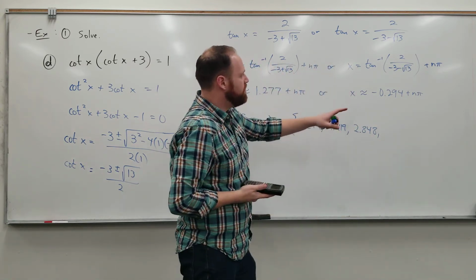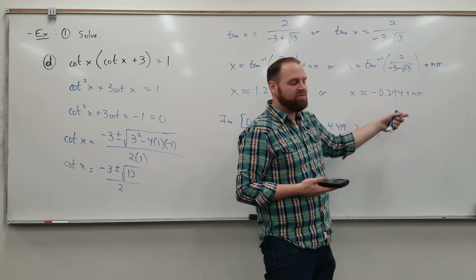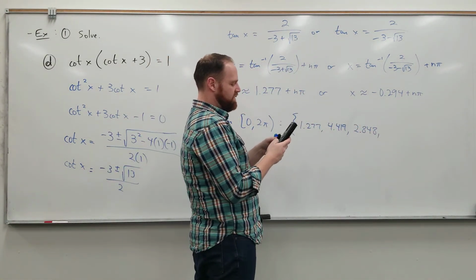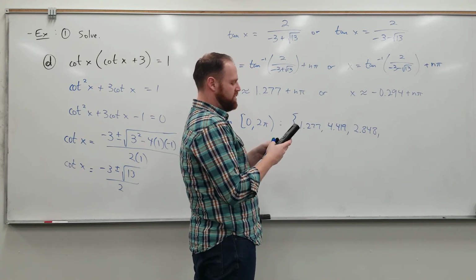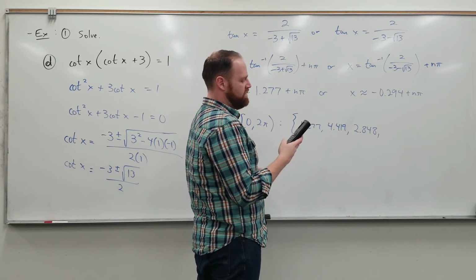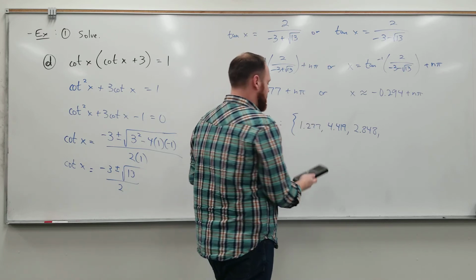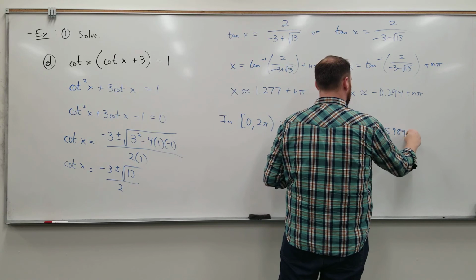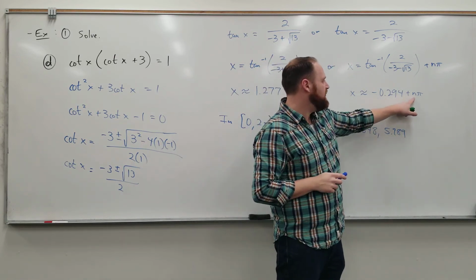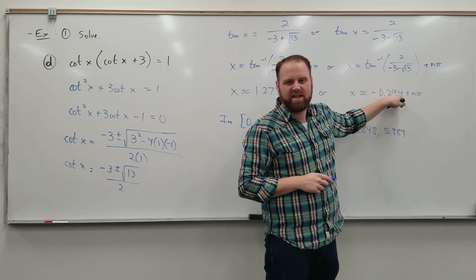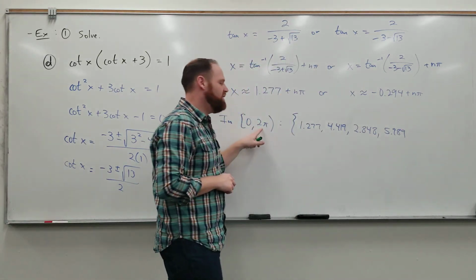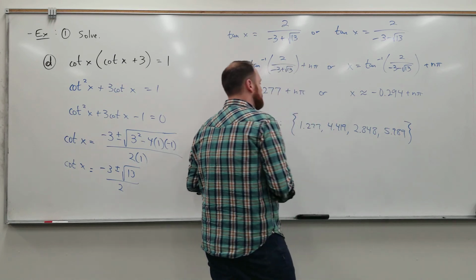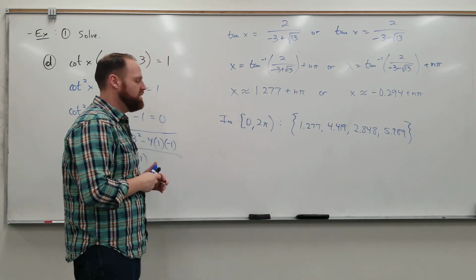If I plug in 2 for n, I'm going to have 2 pi minus a little bit, so it's still going to put me within this interval, right? So I'm going to have 2 pi minus 0.294. That's about 5.989. And then if I plug in 3, I'm going to have 3 pi minus just a little tiny bit. That's definitely going to be bigger than 2 pi, so that's where I stop. Okay, so there's my solution set for this problem.